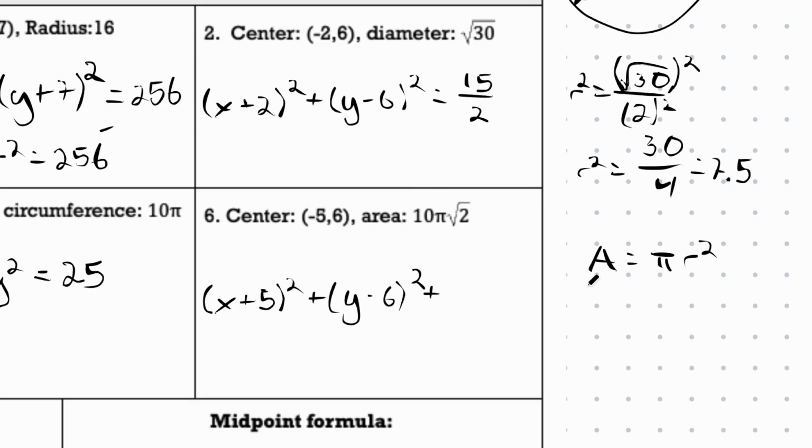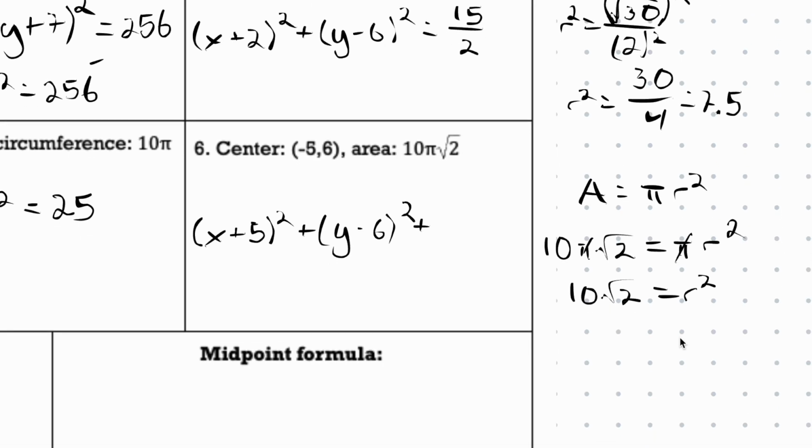So if our area is 10 pi square root 2, we're going to have that equal to pi r squared. We can cancel out both of these pi's, and we're left with 10 root 2 equals r squared.